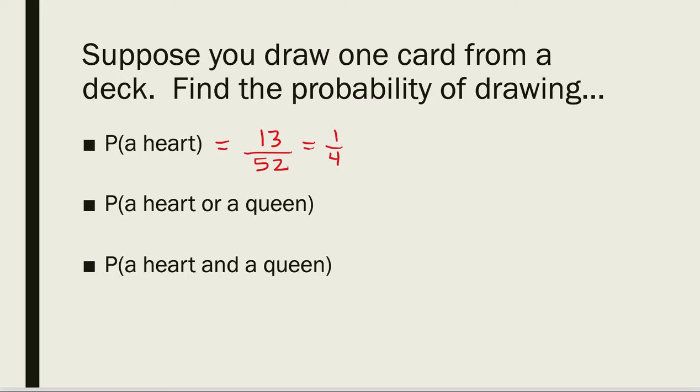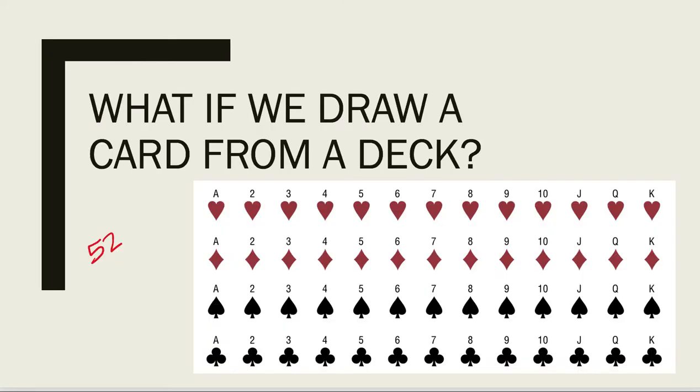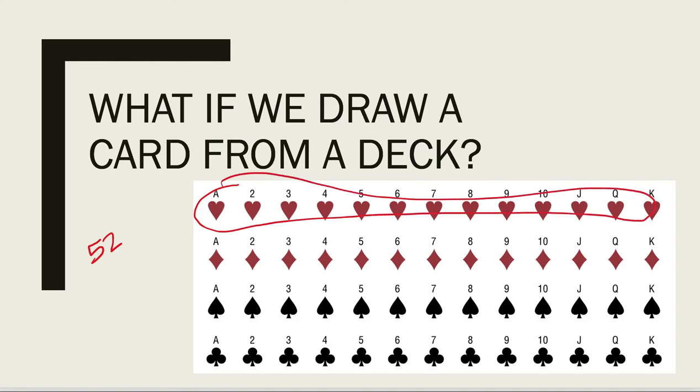Okay, and then remember that these problems with the or and the and were a little bit tricky when we did them the first time. Or means that you're going to merge your 2 groups together, but you're not going to count anything twice. Okay, so we're talking about hearts and queens. I'm going to go back to my cards for just a minute. All right, so here are my hearts. Here are my queens.